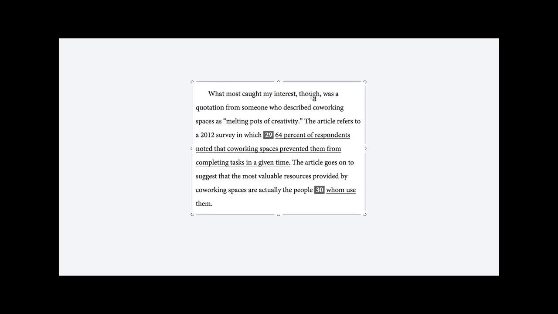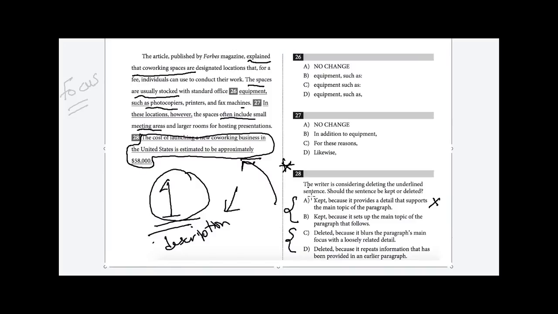No, it doesn't. So once again, the claim that this second option makes is not true. It says because it sets up the main topic of the paragraph that follows. Talking about a co-working business doesn't set up the creativity discussed in the other paragraph.